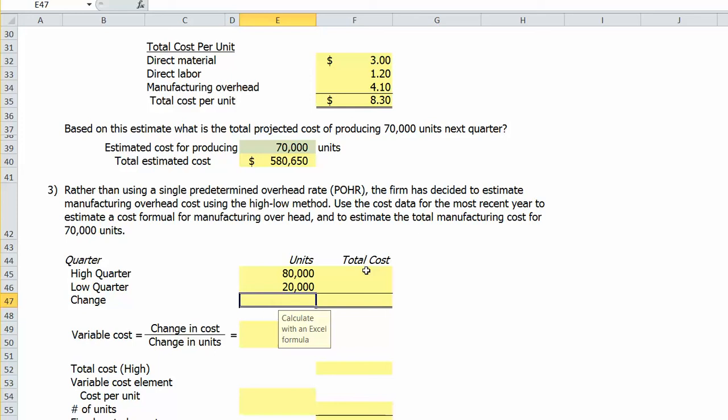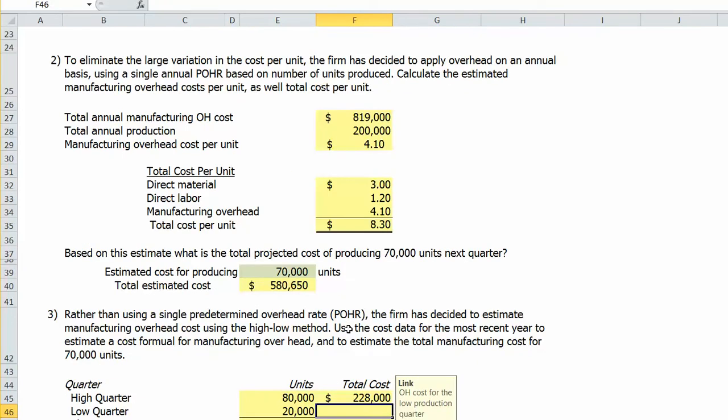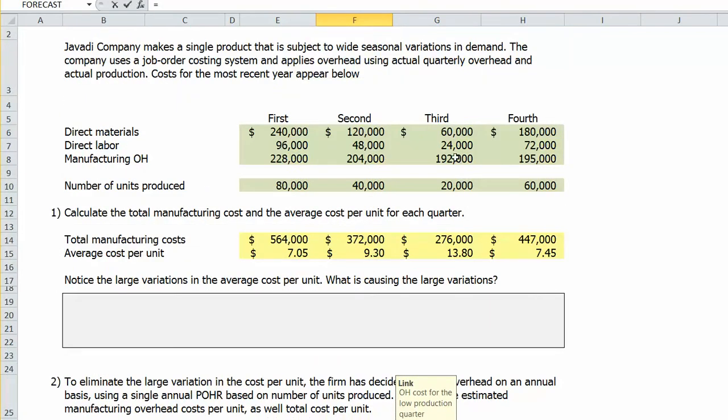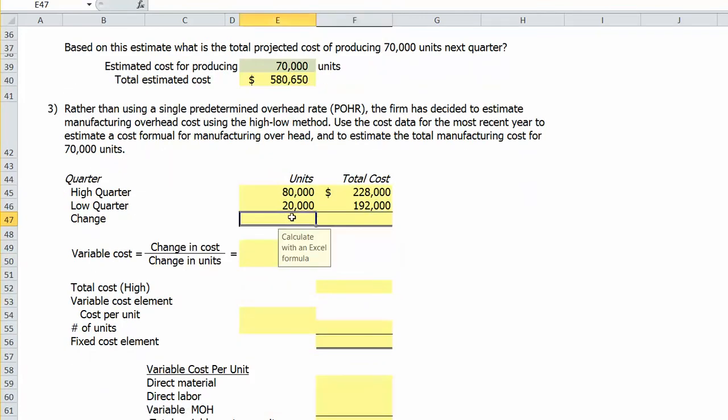And then we're going to want to pick up our manufacturing overhead cost for the high quarter. That was 228,000. And our low was the 192,000. Then we need to calculate the change, the 80 minus the 20. And again, we can just copy that across.